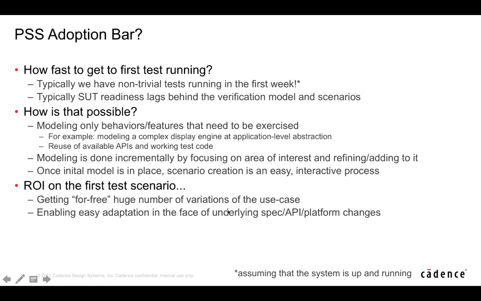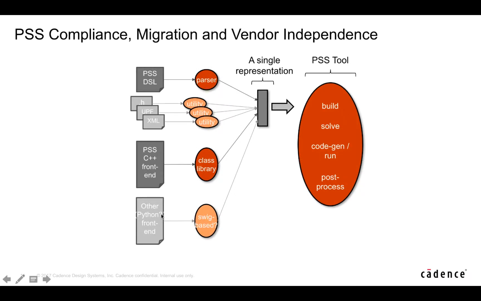And if there are any changes, spec changes, API changes, platform changes, as opposed to revisiting and maintaining my test regression, I can just change the model or the exec blocks, the realization blocks for a specific platform, and regenerate the entire regression. So a very, very efficient paradigm.